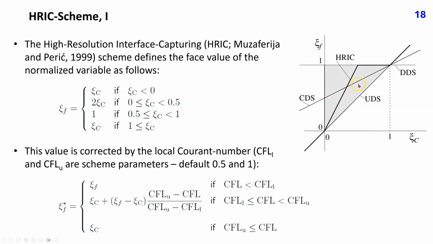For psi c between 0.5 and 1, the downwind approximation is used. This value is corrected by the local Courant number according to this formula. Here, CFL-L and CFL-U are scheme parameters. Default values in SimCenter StarCCM Plus software are 0.5 and 1.0.